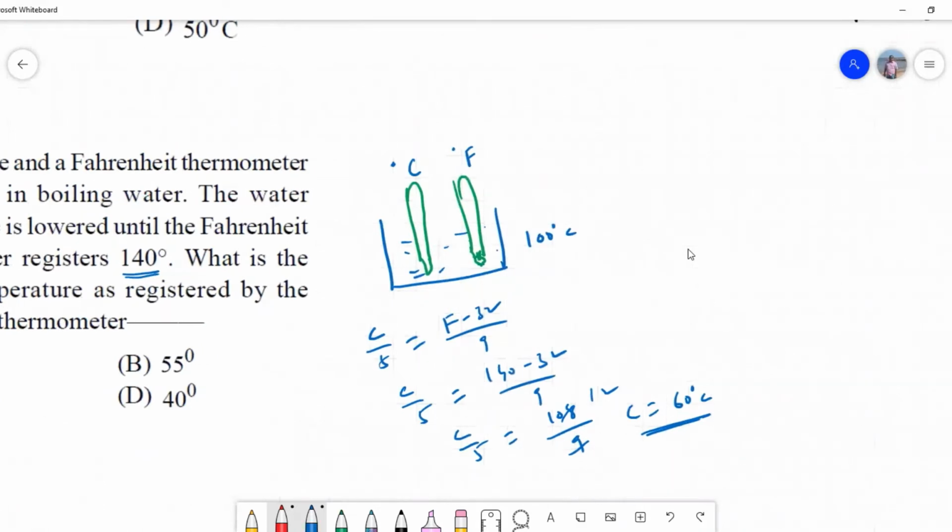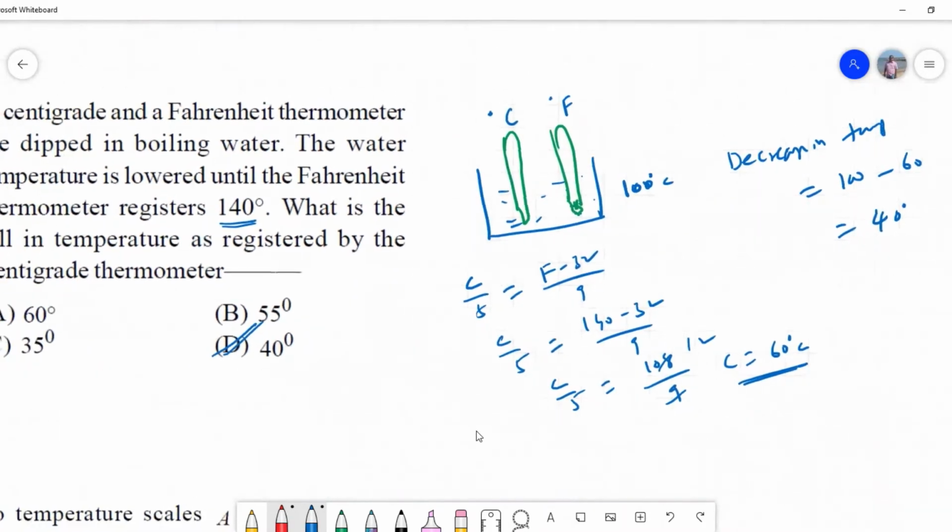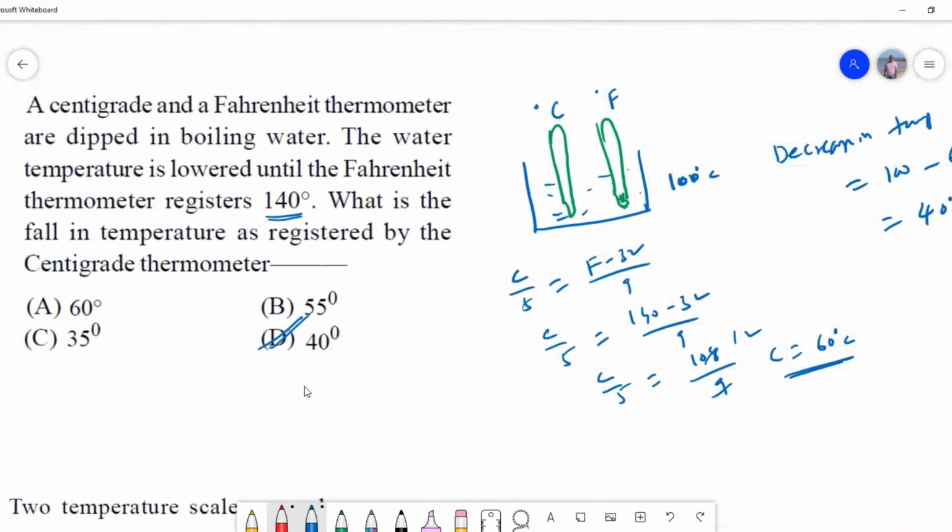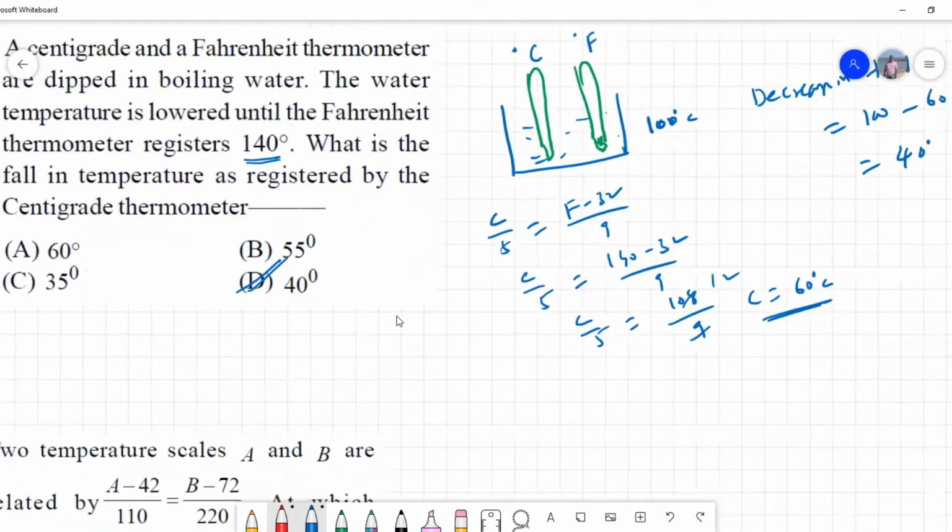Now he's asking for the decrease in temperature. The initial temperature is 100, so the decrease in temperature is 100 minus 60, nothing but 40. So the answer is D. The corresponding temperature is 60 now, but the question asks for the decrease. Fall means nothing but a decrease.